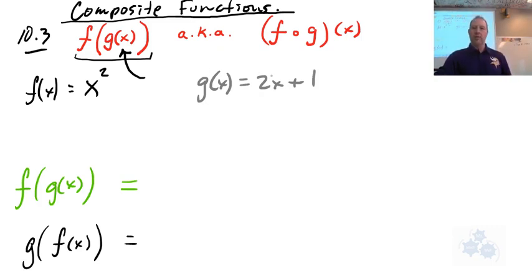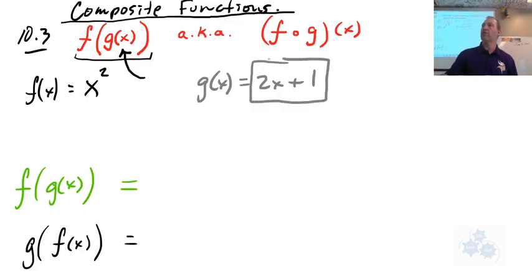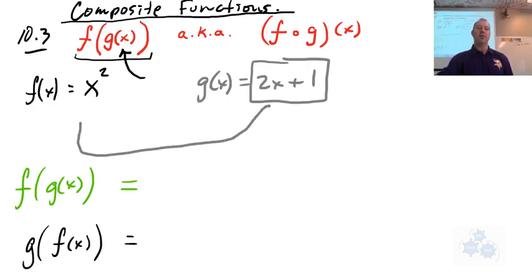So g has to go inside of f. What is g of x? Well, this actually is g of x, that's the expression for g of x. So this whole thing has to go over and go inside of the f function. Where would it go? It's got to go into the input place, which is x.